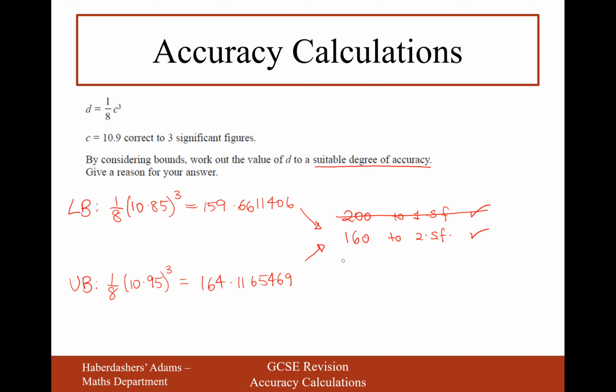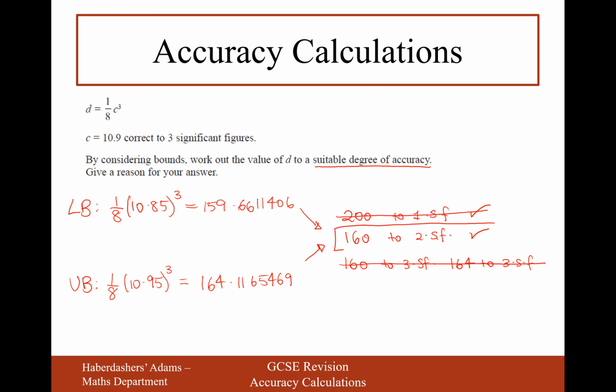But what about three significant figures? Three significant figures for the first one would be 160, but for the second one, three significant figures would be 164, which is not the same for both of them, so we can't use this one either. And with any more significant figures, we'd have two different answers for the lower bound and the upper bound.